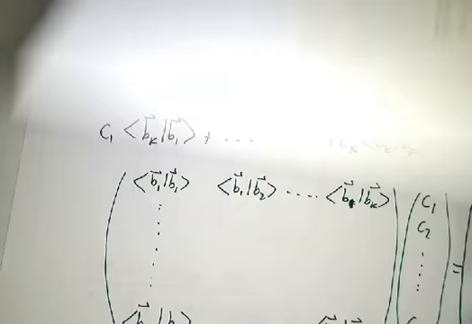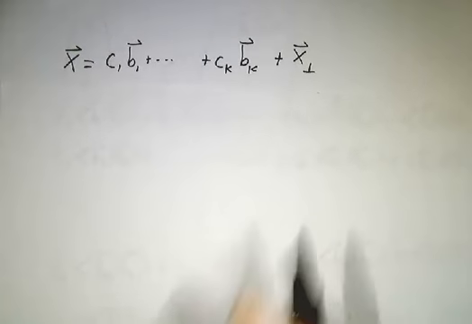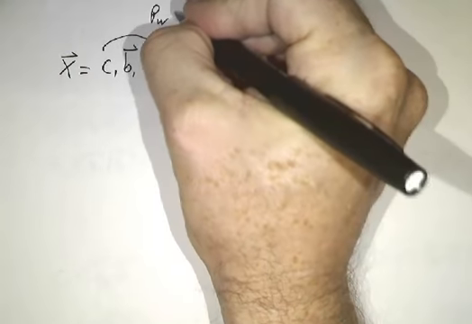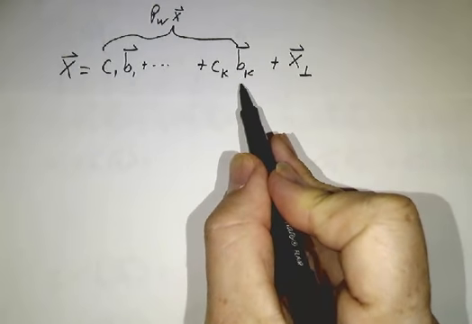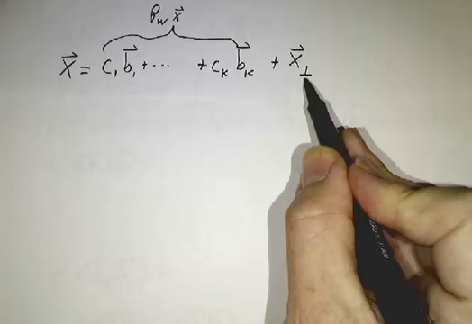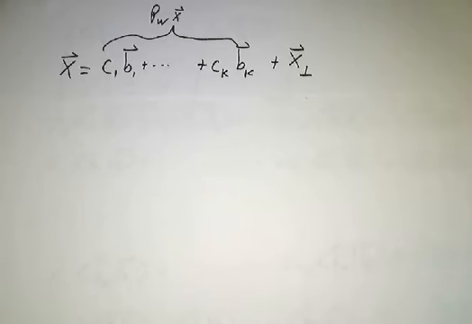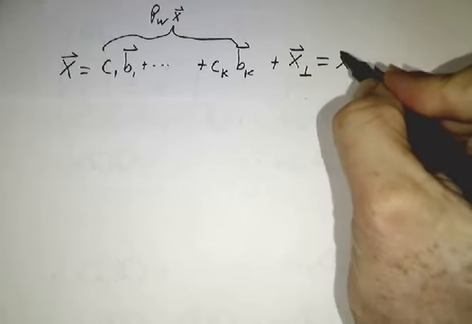So the idea is, as always, we want to write x as some linear combination of the basis vectors. So this is going to be P_W x, that's the part of x that's in the W subspace, plus something left over that's perpendicular to the W subspace. I'm going to write the x on the right-hand side.